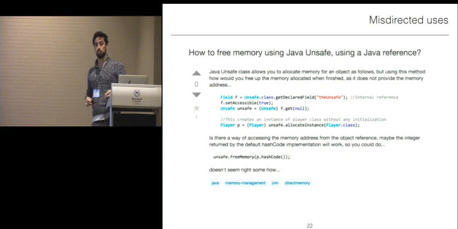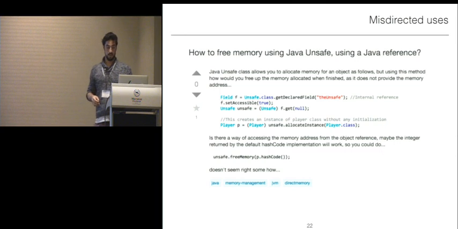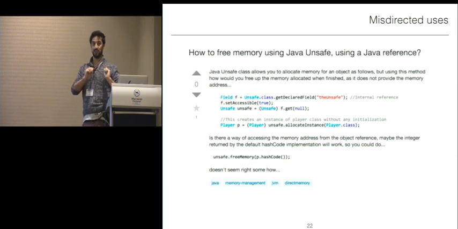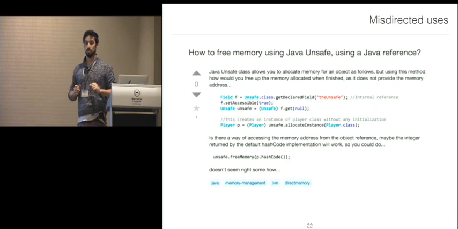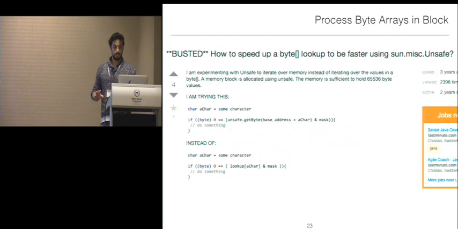They also wanted to free memory. They want to free an object using free memory. This is the kind of thing that they want to do. So that's why we need to stop this Unsafe thing, because it's really unsafe if they try to do this.